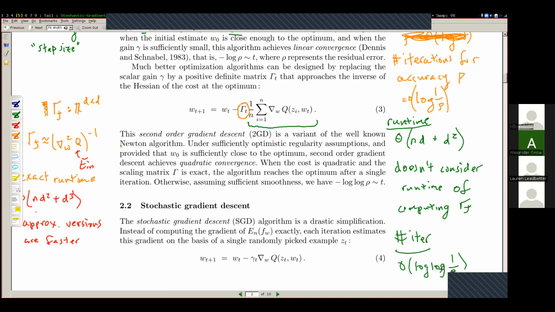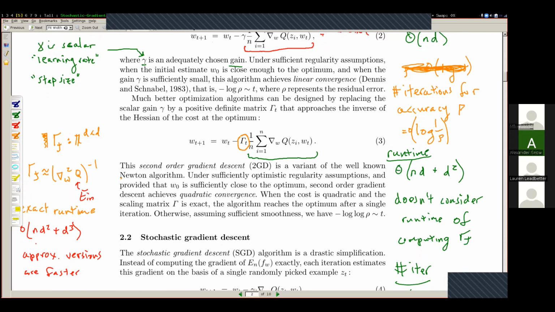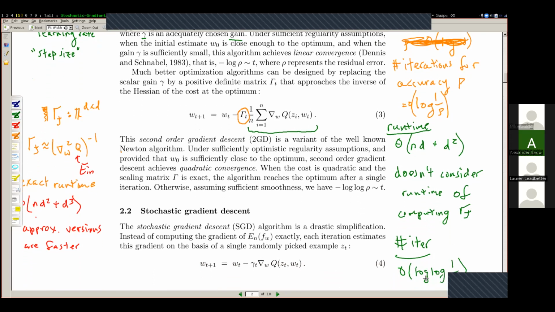Again, this value and this value are contained in that table 2, with the exception that table 2 doesn't consider the dependence on d that we have up here. So what we have so far is that there's a trade-off between gradient descent and second order gradient descent, where the second order version needs fewer iterations, it's the log of the log, but the runtime of each iteration is going to be bigger in terms of its dependence on d.